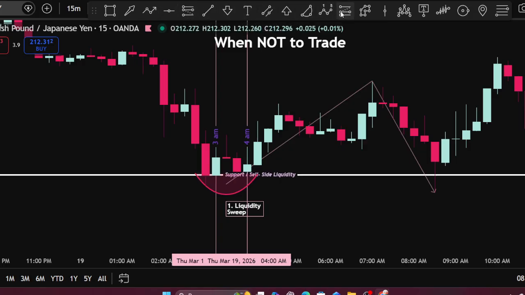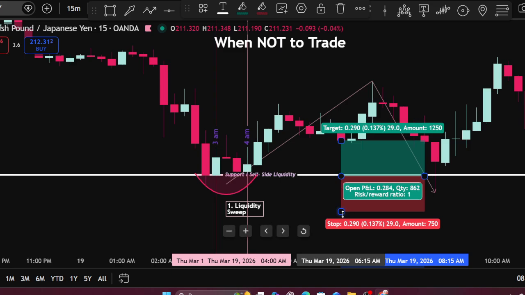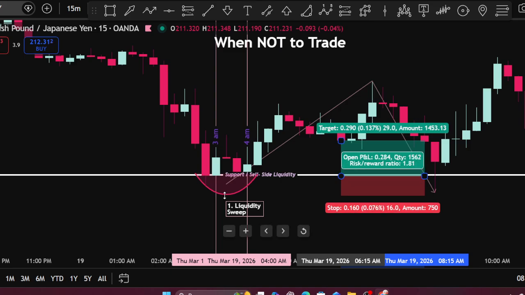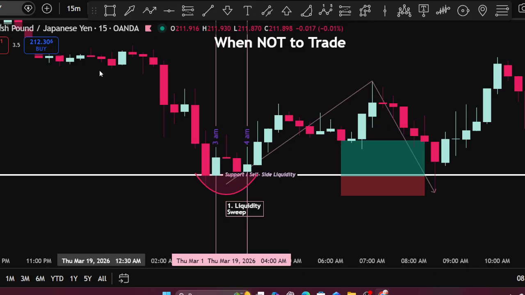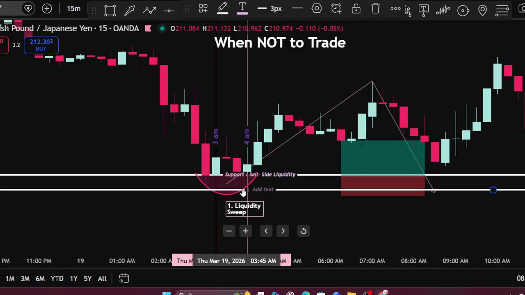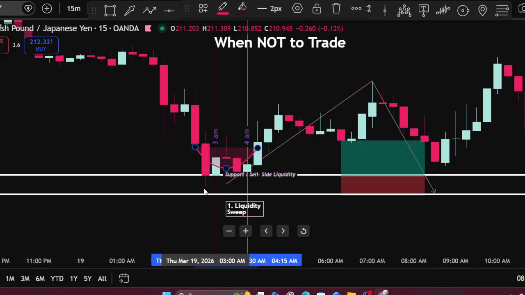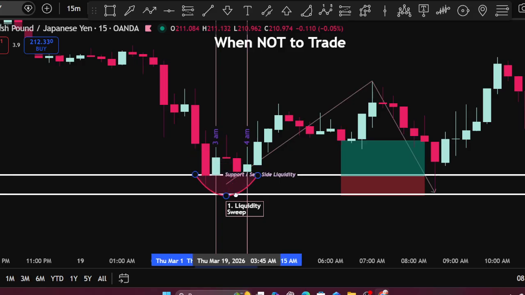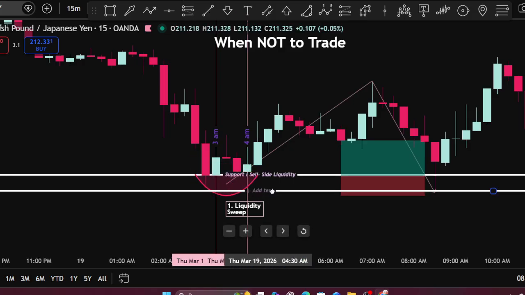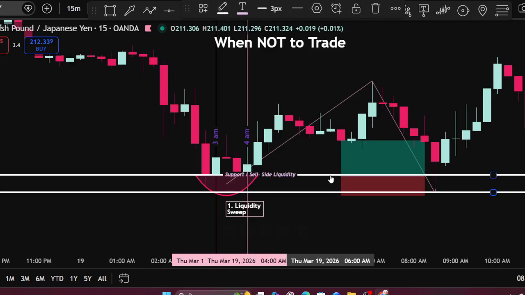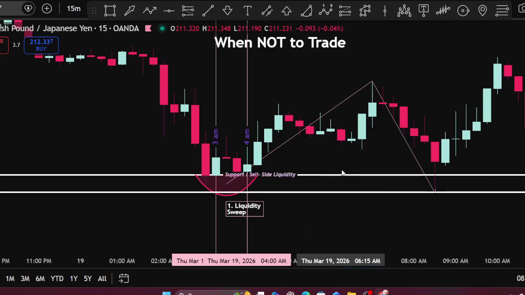It would have been realistically maybe right here, not even a lot of pips away, because I want it to be lower than this wick, if that's my liquidity. So it would be about right here-ish. Realistically, as you can see, it would have hit my stop loss.